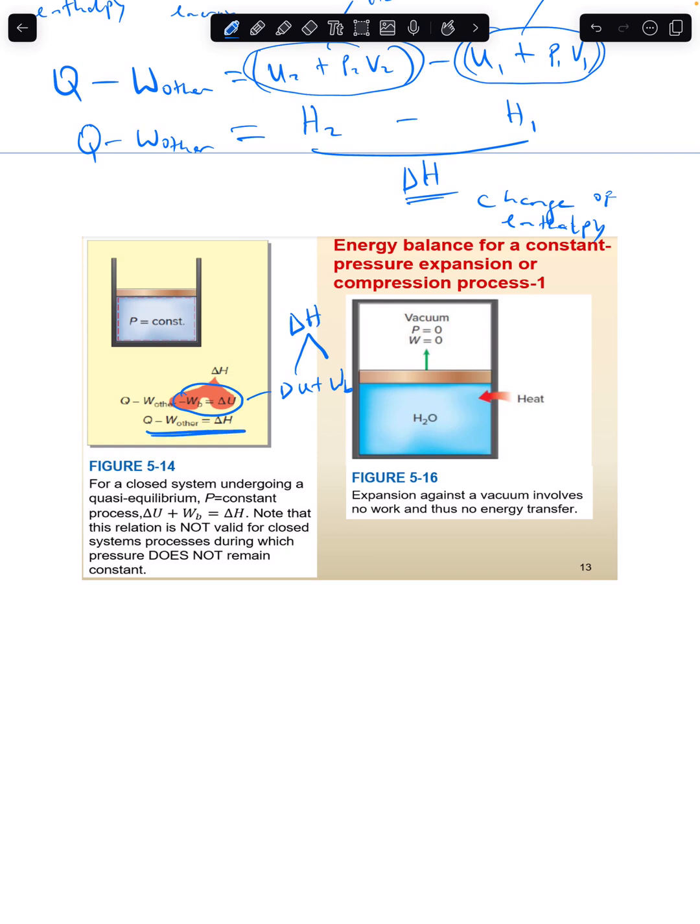So be able to implicate or involve that. Whenever you see an expression of heat minus work, any form of work, equal to change of internal energy, change of energy plus boundary work, you can equally say that the heat minus the work by other form of energy is equal to what?